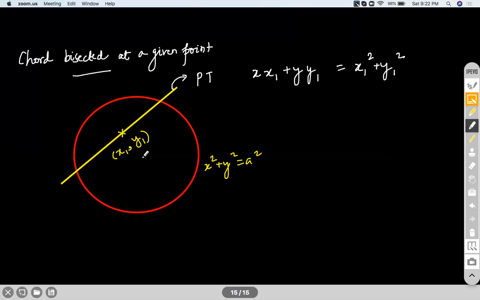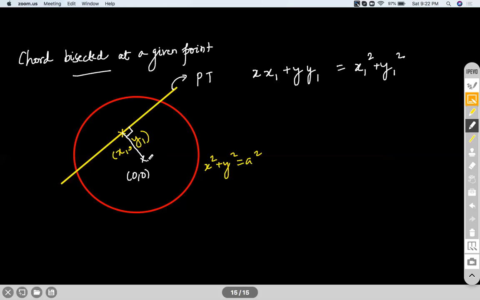See, if I just ask you this question, that if this is the midpoint, can I say a line connecting the center to this point should be perpendicular to this line?